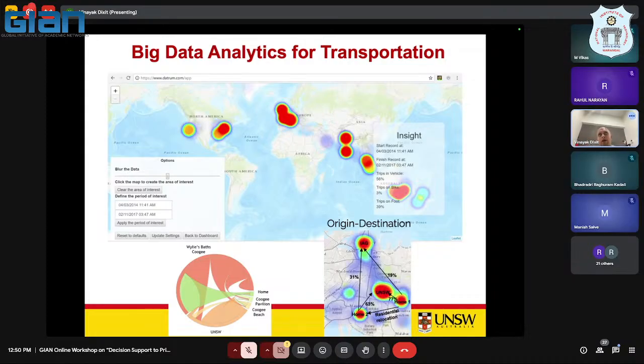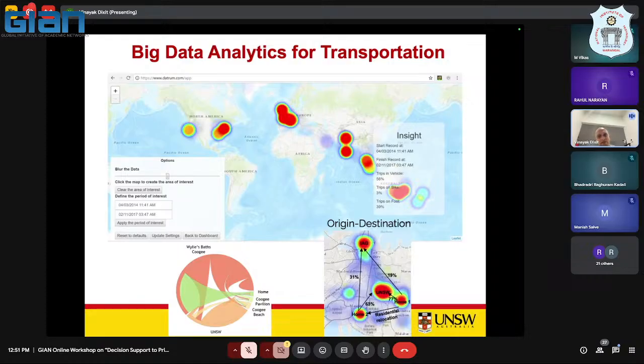Now, one of the things is, we have a deluge of data coming through, right? One of them was surveys, which we talked about, but we also have almost real-time data of people's travel. So if you have an Android phone, you have something called location history. How many of you have seen that?